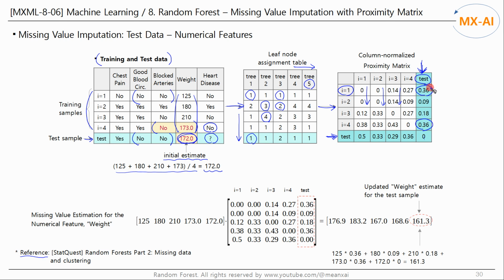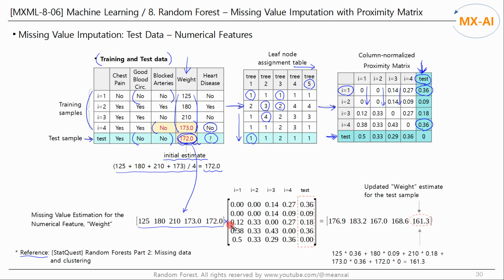Once we have the proximity matrix, the remaining steps are the same as those used to estimate missing values in the training samples. For numerical features, we compute a similarity-weighted average using the proximity weights. Now let's estimate the missing value in the fourth feature, weight, of the test sample. The feature vector for weight, including the test sample, is shown here.